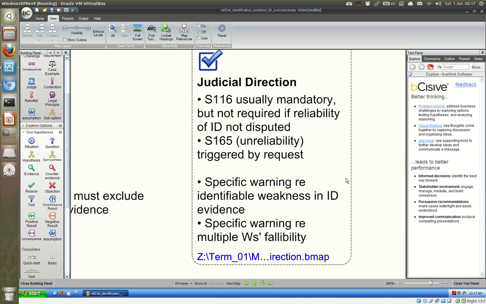And then there's a second judicial direction which can be triggered by request of either party, and that's in section 165, where the judge is required to give a warning as to the unreliability of the evidence. So let's look at that in a little more depth.